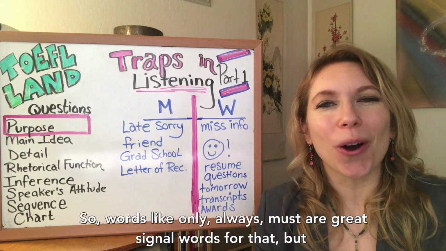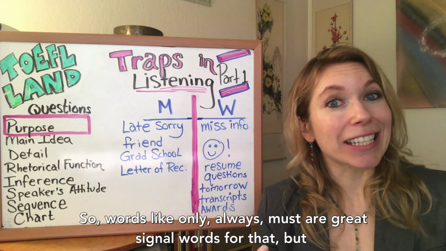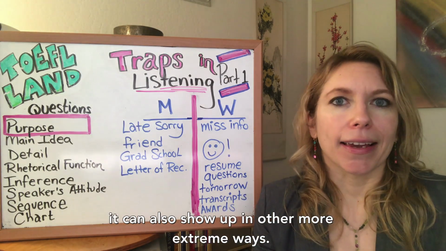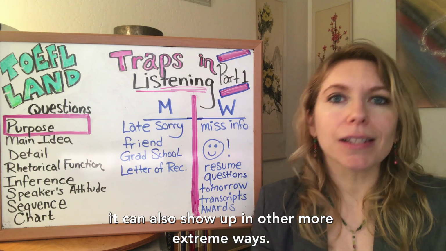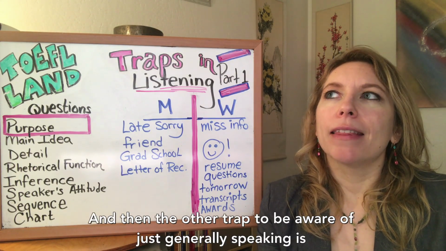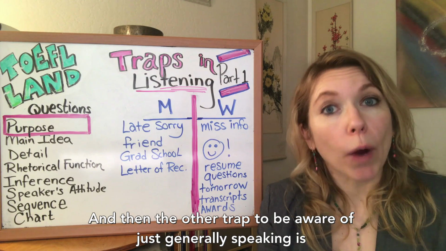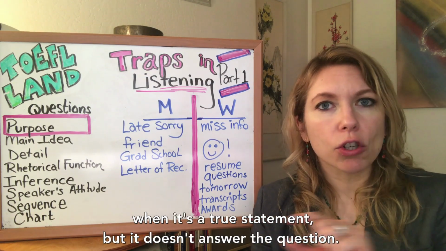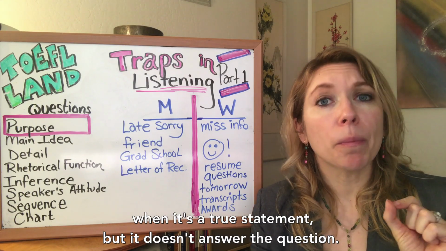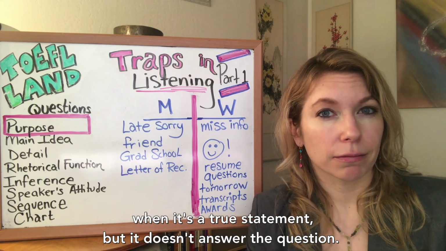So words like only, always, must are great signal words for that, but it can also show up in other more extreme ways. And then the other trap to be aware of, just generally speaking, is when it's a true statement, but it doesn't answer the question, okay?